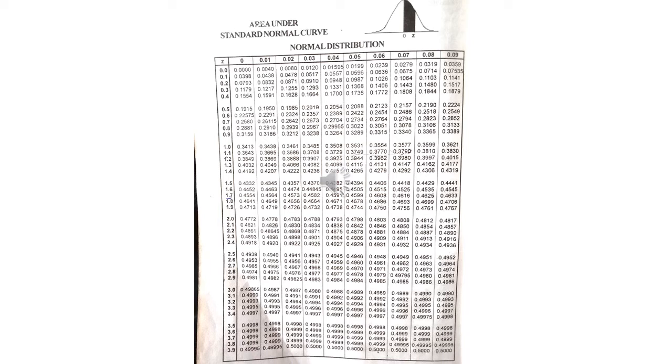Even if you get a negative value for Z, the area still corresponds to the positive Z. If the question is minus 1.75, even then you have to take positive 1.75 itself. So 1.7 in the row and 0.05 in the column. So 1.75 means what? It is 0.4599. Is it clear? Actually, there is no difference in the table value for positive and negative.